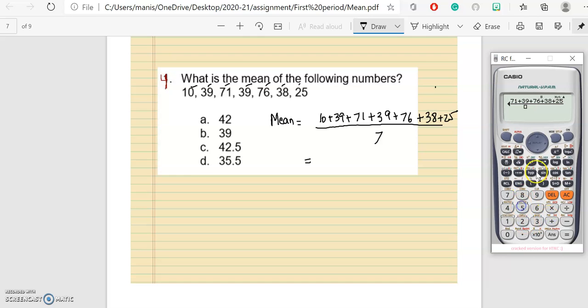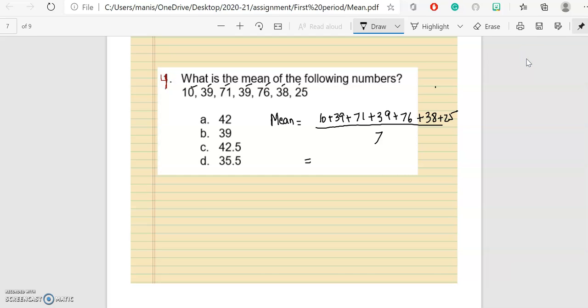And how many total numbers are these? These are 7. So I will divide this. My answer is 42.57. As I can see, option C is the correct choice over here.